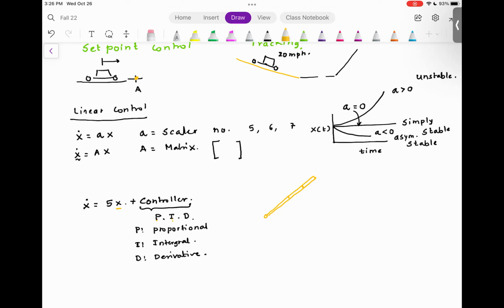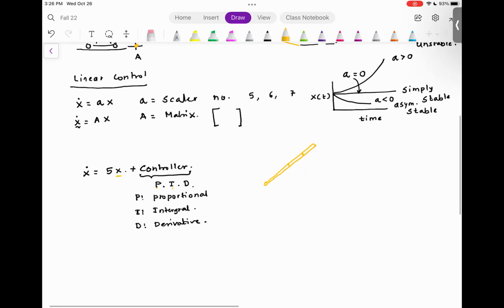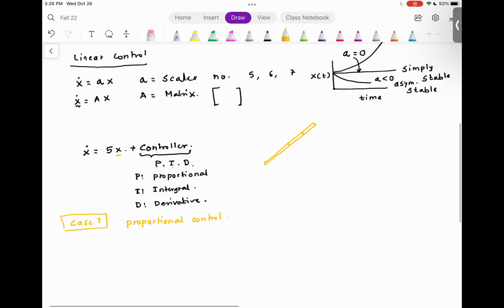So what I want to do is I want to first look at just the proportional control. So case 1, proportional control. In proportional control, my state is x.